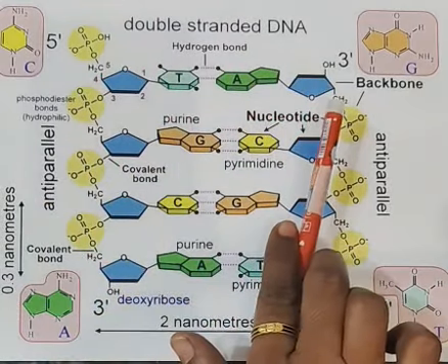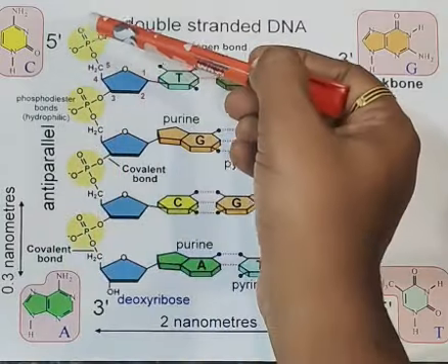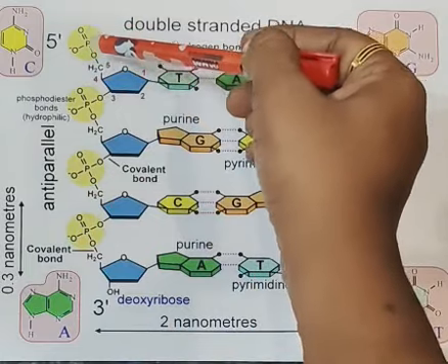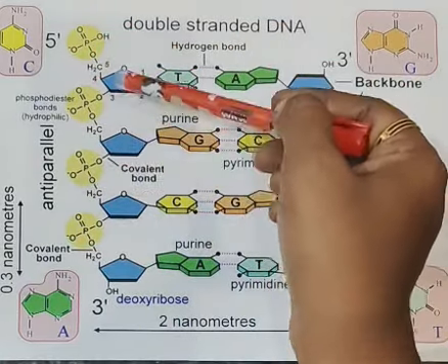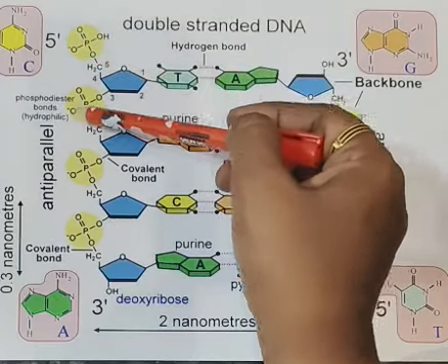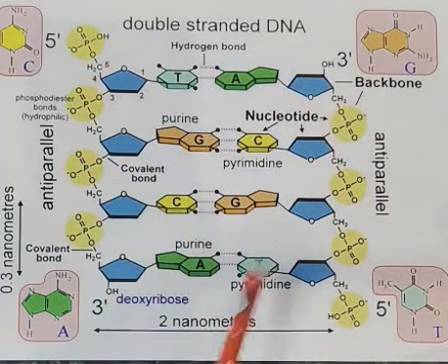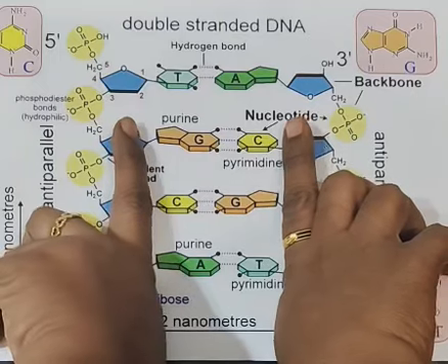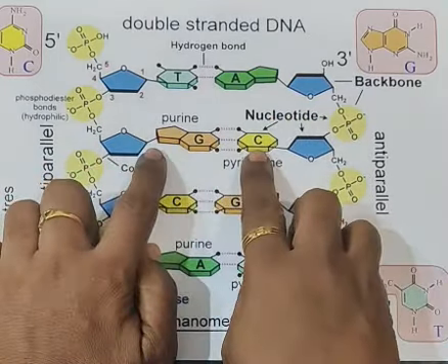If you just look at the two strands, we all know that the backbone of the DNA is made up of sugar, phosphate, sugar, phosphate. It is an alternating sugar and phosphate backbone, even this side also. And within the strands, there is only a space where 3 rings can fit in.